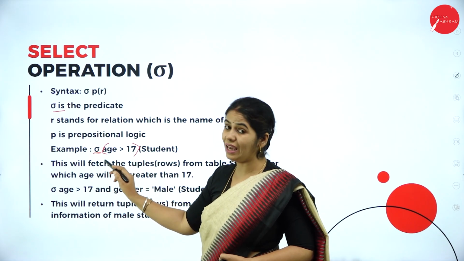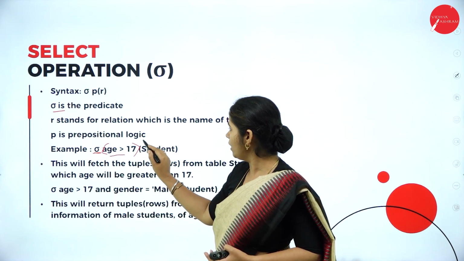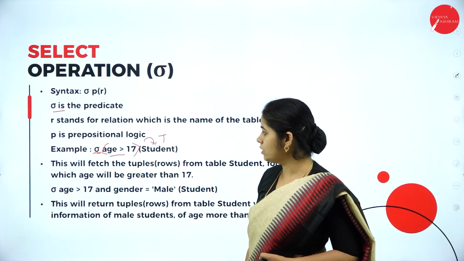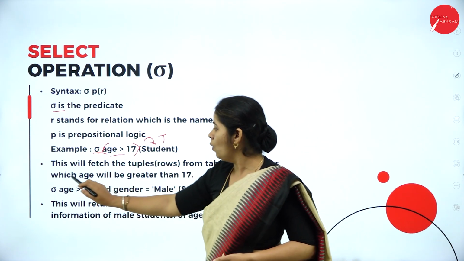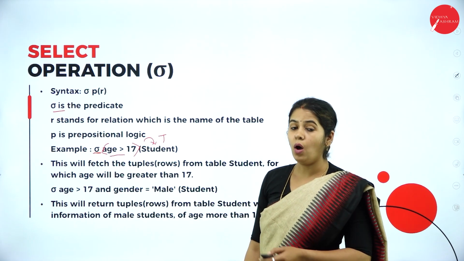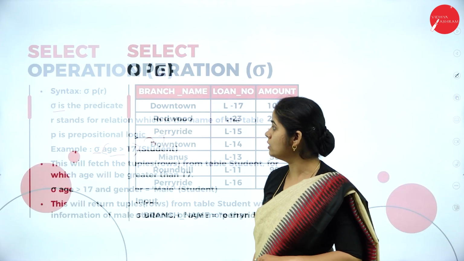Selection condition: age should be greater than 17. From where are we taking? We are taking from the table student. Understood? This will fetch the tuple rows from the table student whose age is greater than 17. This is how we can write the select operation in the SQL statement.